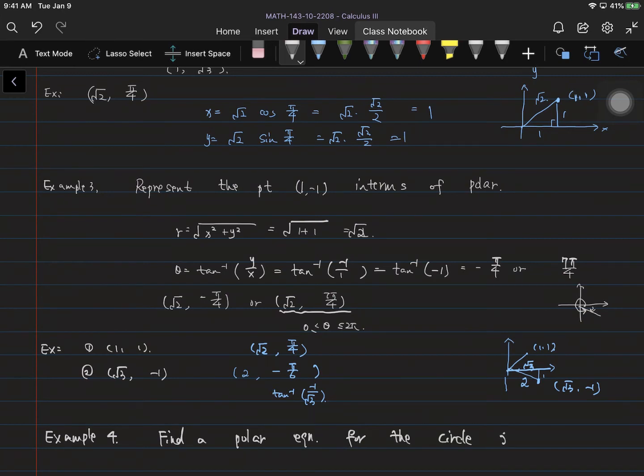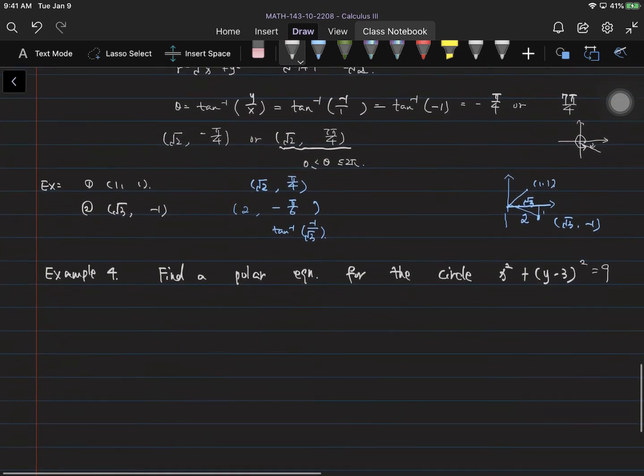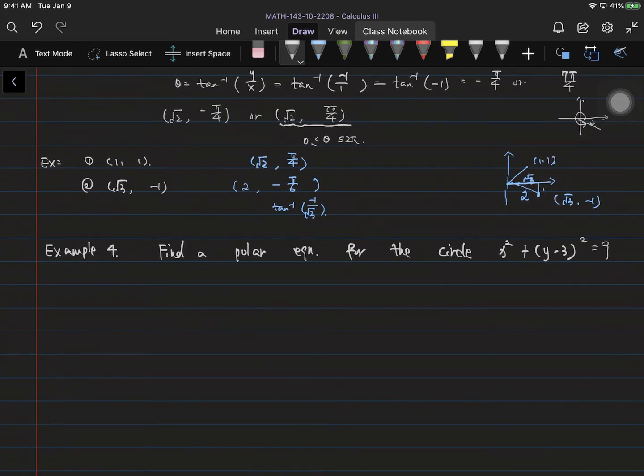The circle is given by Cartesian coordinates, which is this one: x squared plus (y minus 3) squared equals 9. So find the polar. A polar equation means in the new equation we only have r and theta, no x and y anymore. So we need to replace all the x and y by r and theta.